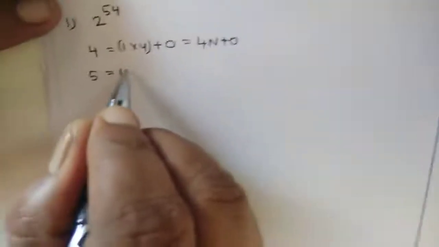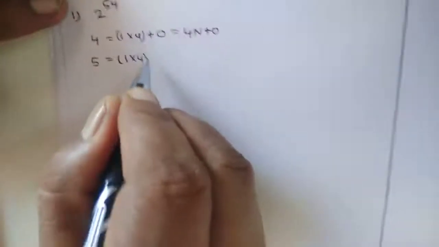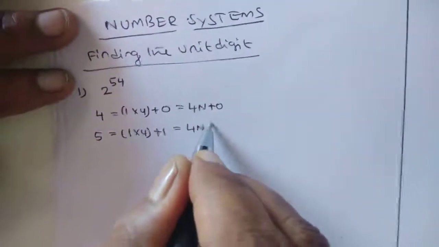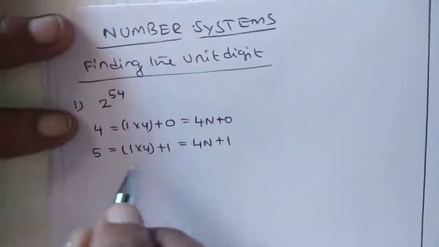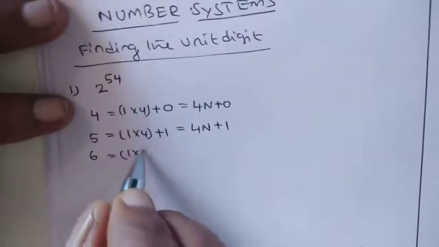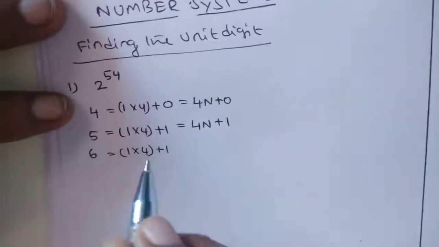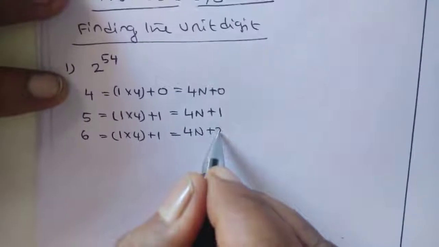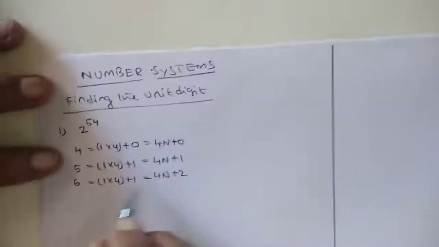If you take number 5, it can be written as 1 into 4 plus 1. That is 4n plus 1 system. If you take 6, it can be written as 1 into 4 plus 2, which is 4n plus 2 system.